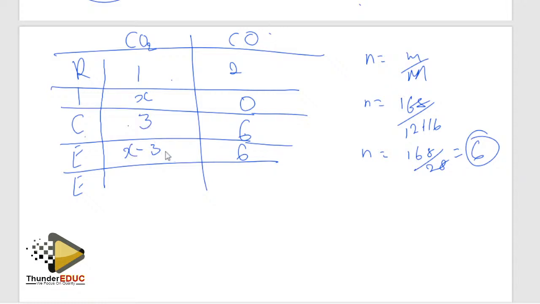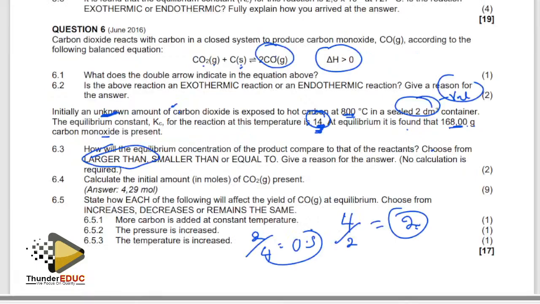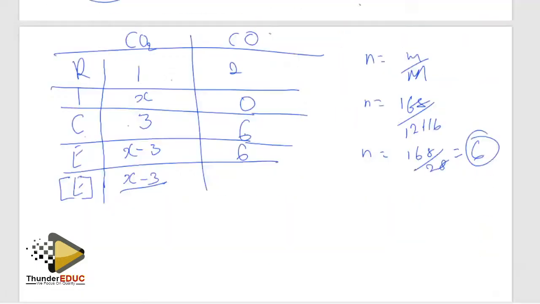You understand? So now this is the concentration. The concentration at equilibrium is going to be X minus 3 divided by the volume. The volume I talked about, in meters cubed, is 2, and then 6 divided by 2 is going to be 3.